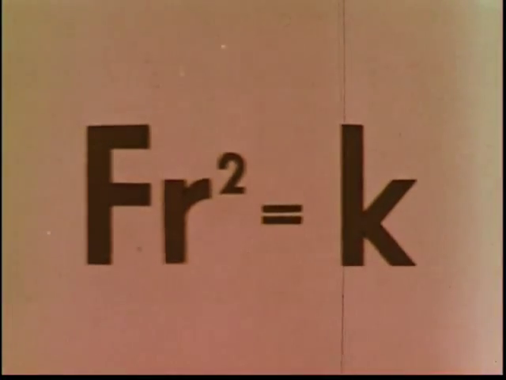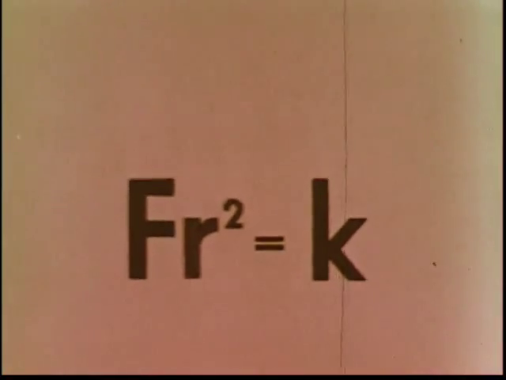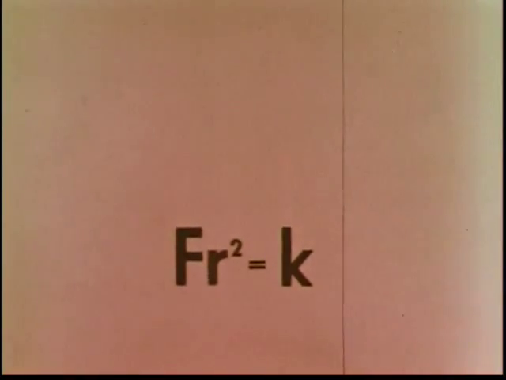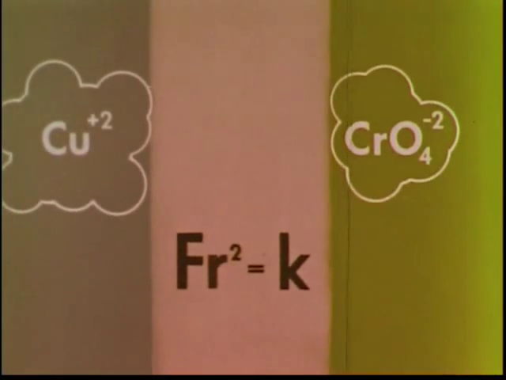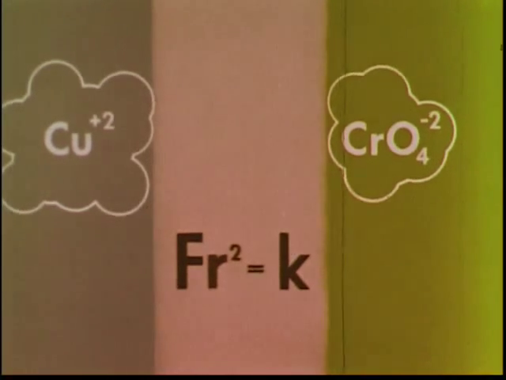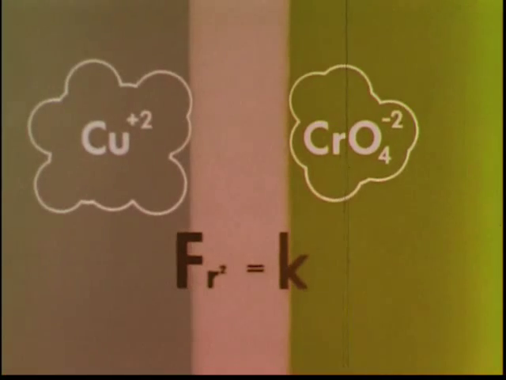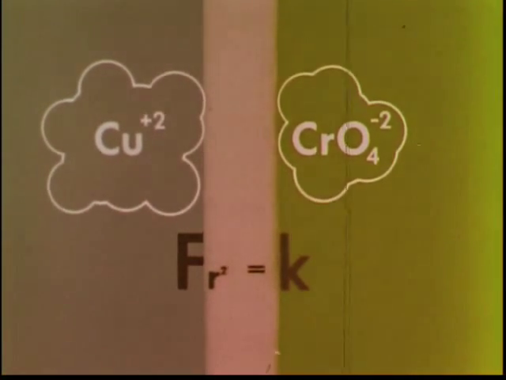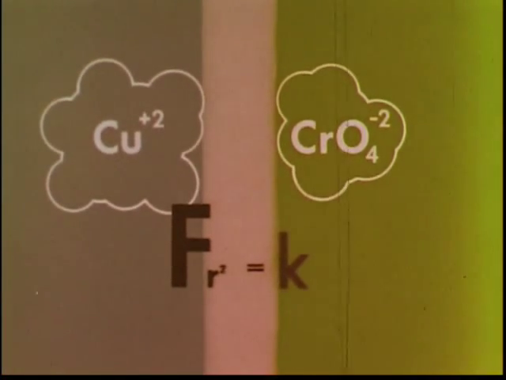To understand this, let's keep in mind our previous equation, F(r²) = K. Remember that the positive copper ions and negative chromate ions not only move in opposite directions between the electrodes, but as the distance r between these ions decreases to atomic dimensions, the force F between the ions themselves must become large.